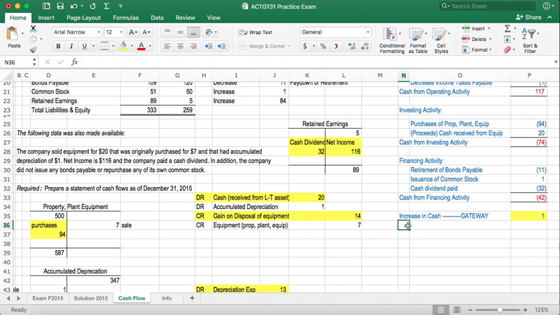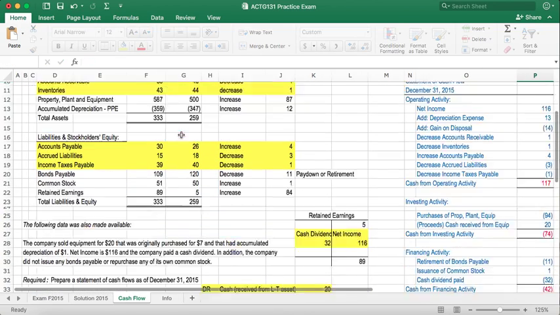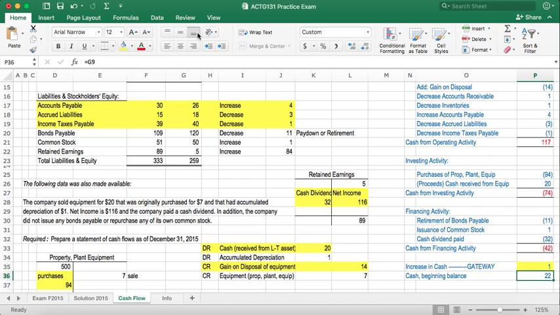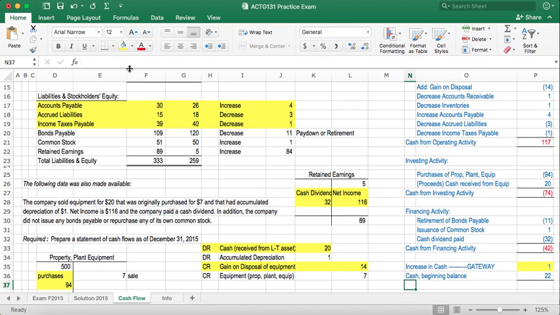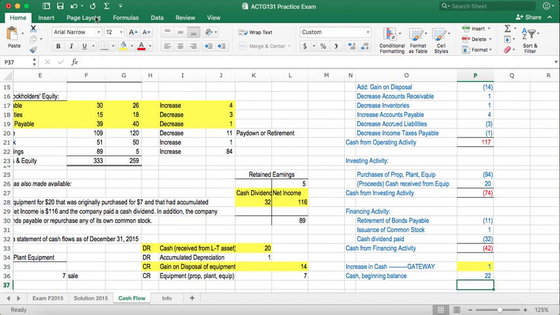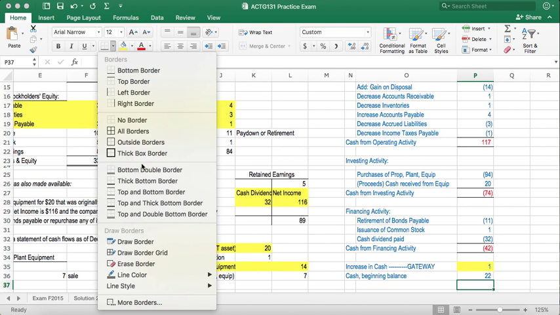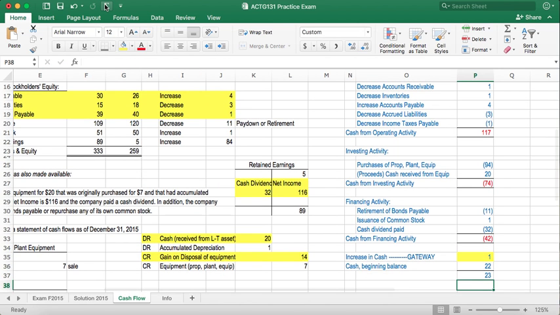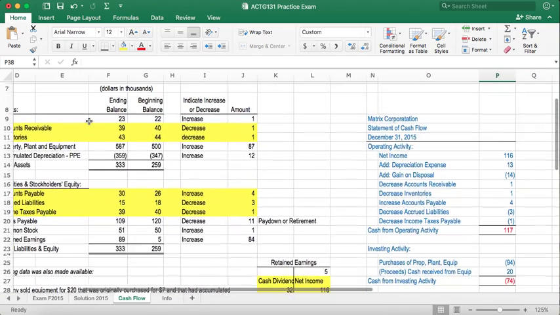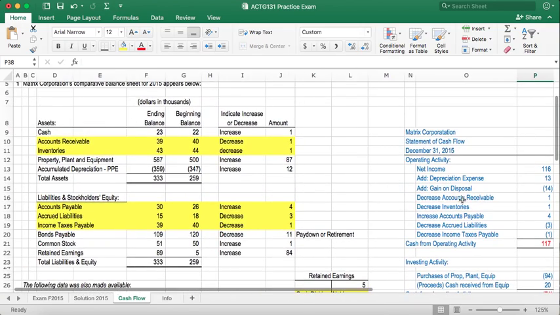So to the increase in cash, we add the cash beginning balance, which we get from our balance sheet, 22, and we add those two together now, and those two added together will give us the cash ending balance, 23. And as you can see, 23 is our cash ending balance.